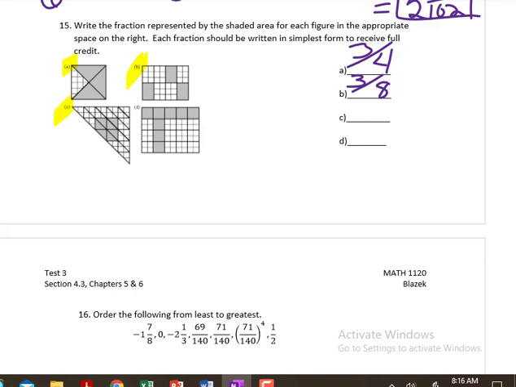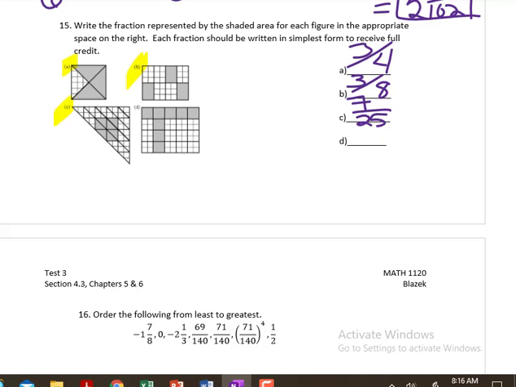So counting, 1, 2, 3, 4, 5, 6, 7, 8, 9 on the top row, 10 through 16 after the second row, 17 through 21 after the third row, 22, 23, 24, 25. So I know there are a total of 25 triangles. And when I count the shaded triangles, I get 1, 2, 3, 4, 5, 6, 7. So 7 out of the 25 are shaded.